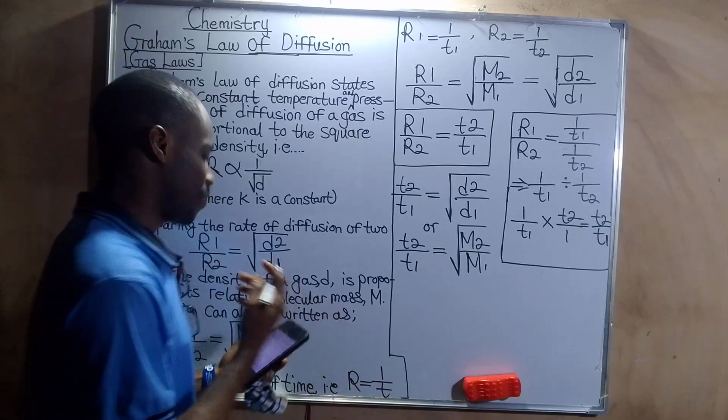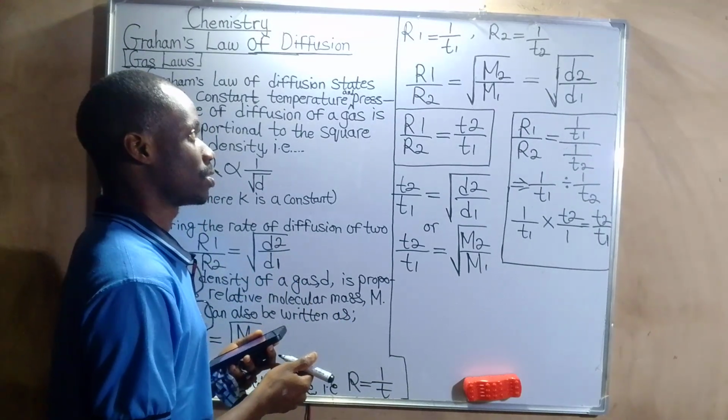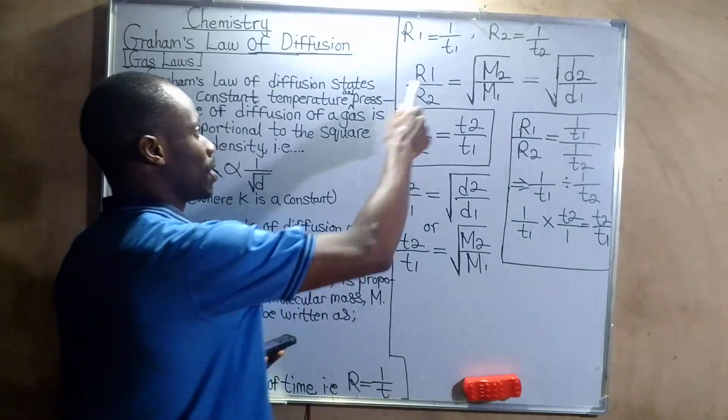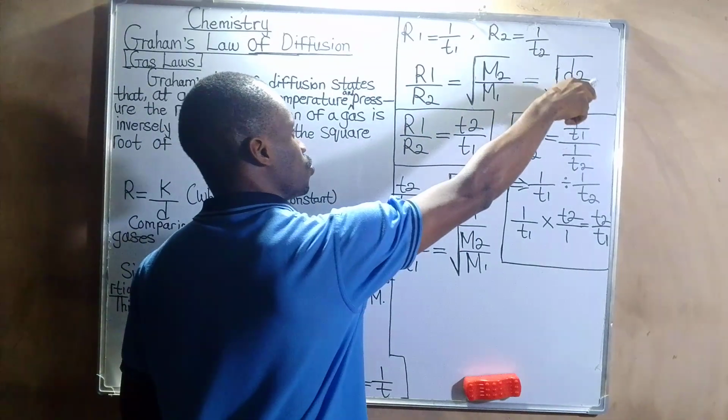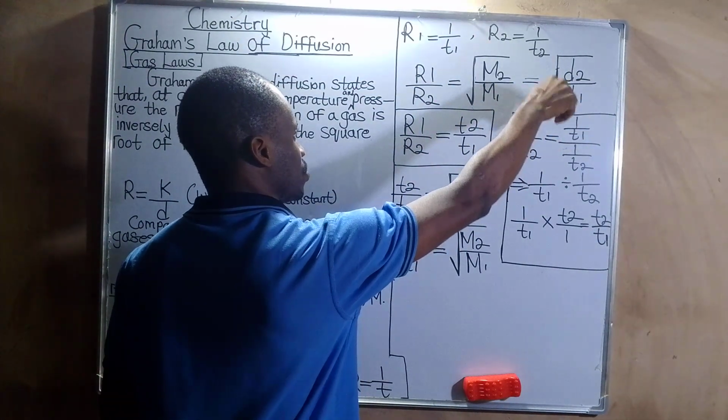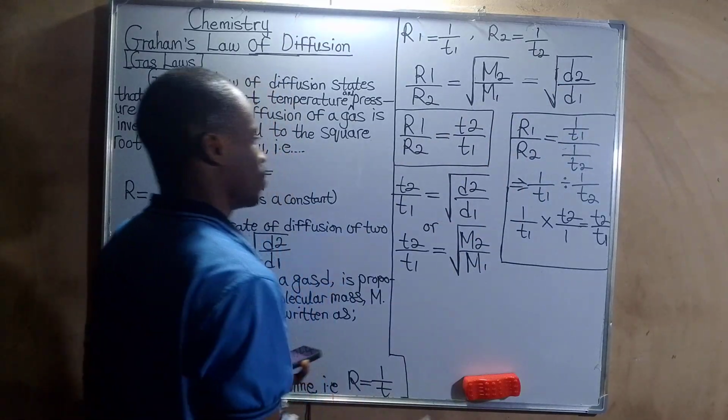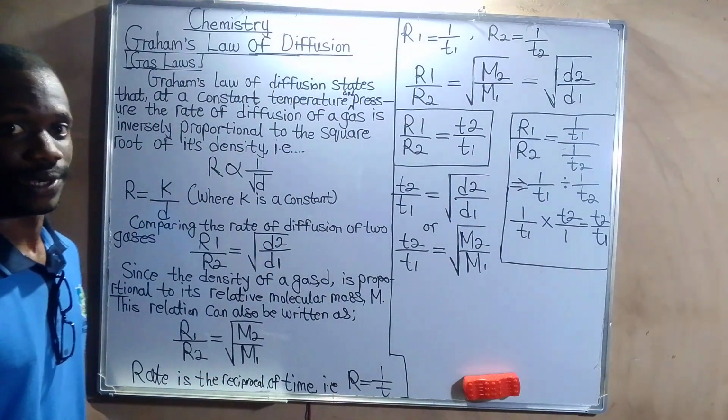So this is just the difference between this and the first one. The first one will always be R1, R2. So we now have some formulas here.